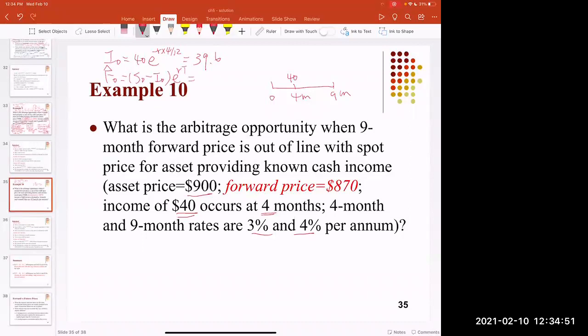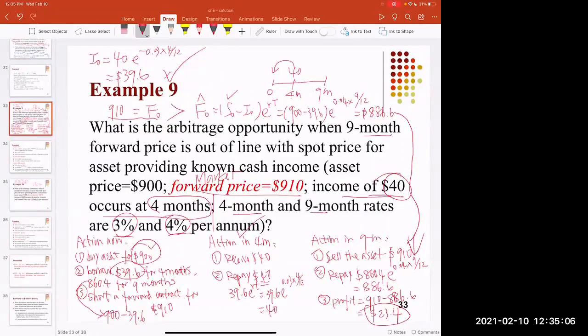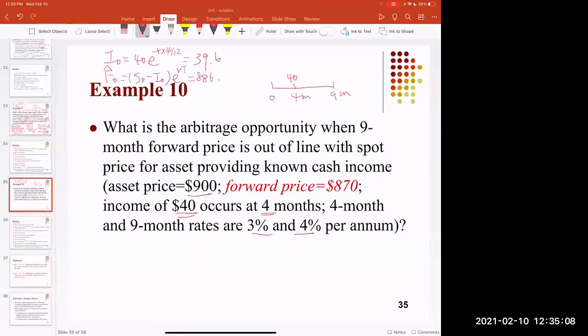That's also the same. What we got from example 9 is 886.6. So these two are the same as in example 9, you can double check.